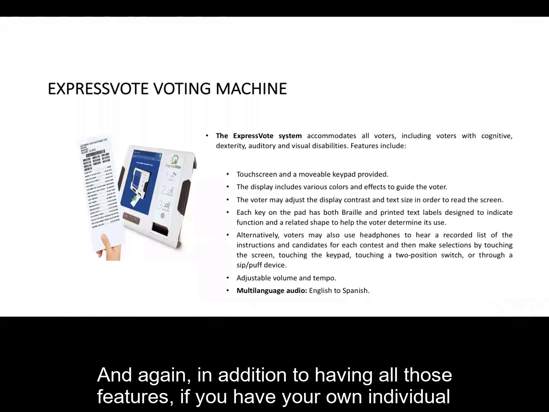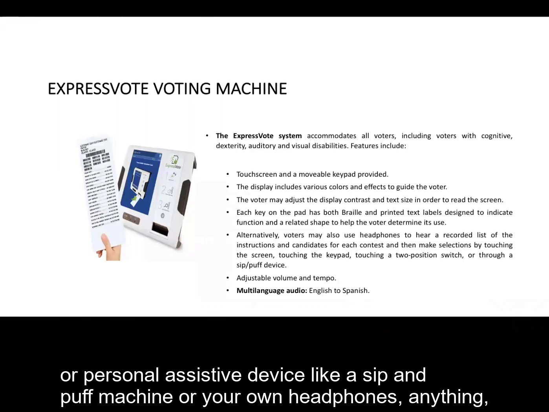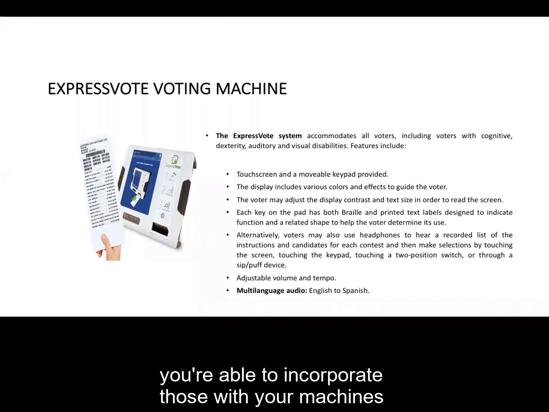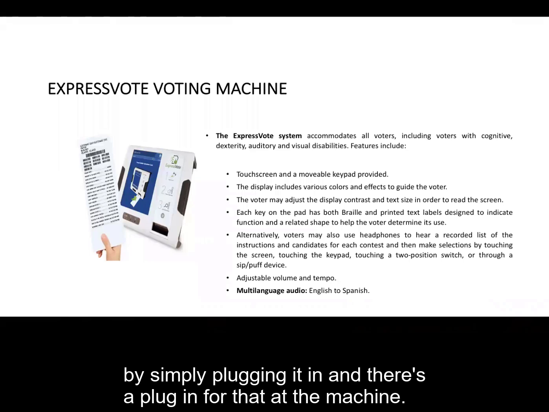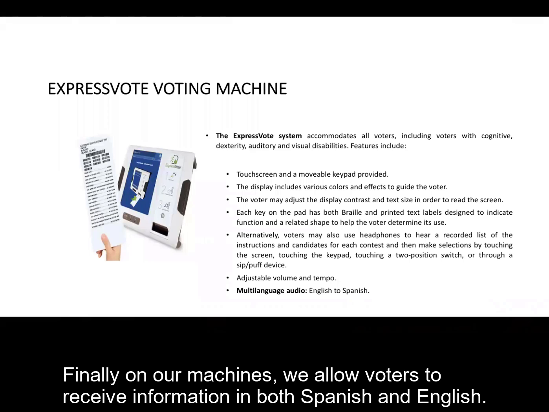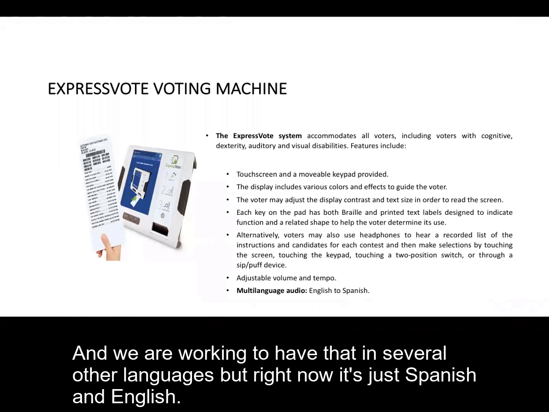And again, in addition to having all those features, if you have your own individual or personal assistive device like a sip and puff machine, or if you have your own headphones, anything, you're able to incorporate those with your machines by simply plugging it in, and there's a portion for that at the front. Finally, on our machines, we allow voters to receive information in both Spanish and English. And we are working to have that in several other languages, but right now it's just Spanish and English. Next slide, please.